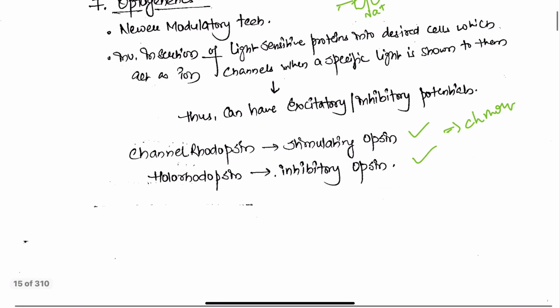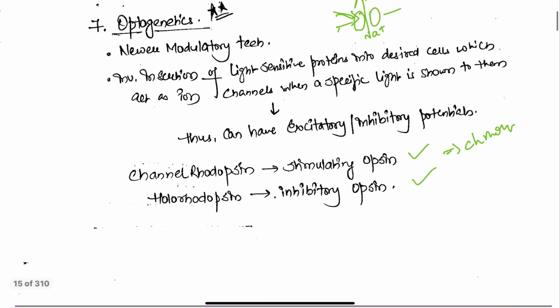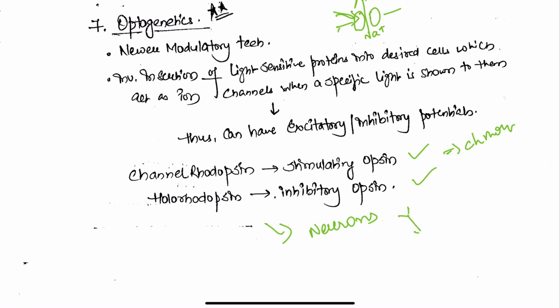So how do we apply this? Basically, it is used in studying specific neurons. Using a viral vector, we can transfer these rhodopsins into the neurons. When we transfer these rhodopsins into the neurons, we can either excite the cell or inhibit the neuron. If we excite a particular neuron, what is the result of it?